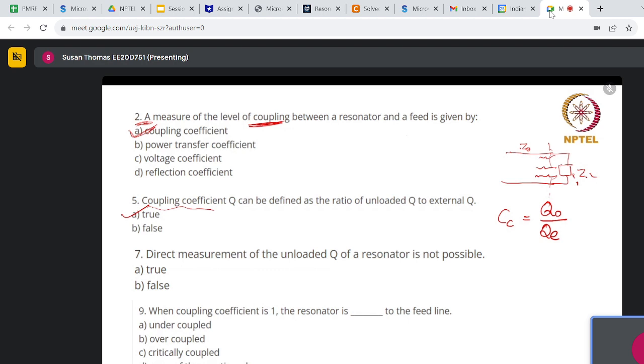That is your unloaded Q factor. Now suppose you connect a load to it. Then it becomes the loaded Q factor. Yes, ma'am. So the question is whether direct measurement of unloaded Q factor is possible.